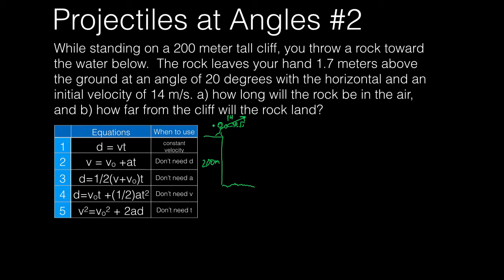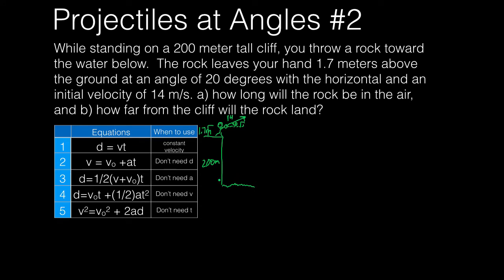So that would be this distance from where the rock left your hand and the ground. I'm going to put 1.7 meters right here. So really the vertical displacement of this rock will be 201.7 meters.